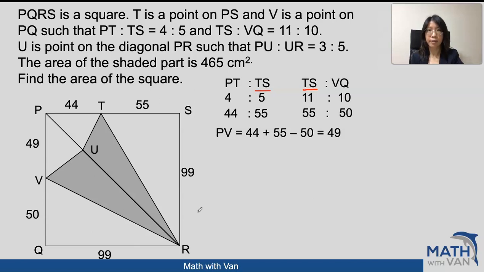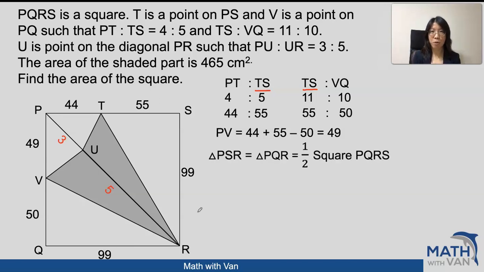So with that, we were given one more set of ratio, which is PU to UR. Maybe you want to refer to the previous video on triangle, a similar concept. So now I'm applying that concept into this question, which is slightly trickier.